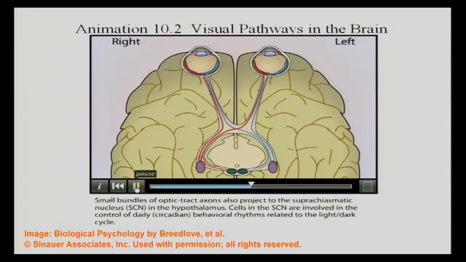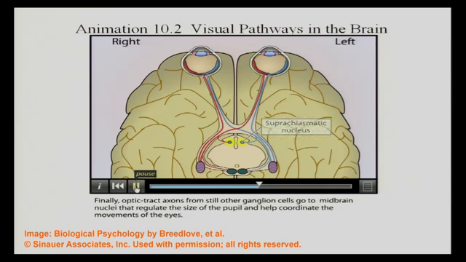Small bundles of optic tract axons also project to the suprachiasmatic nucleus in the hypothalamus. Cells in the suprachiasmatic nucleus are involved in the control of daily or circadian behavioral rhythms related to the light-dark cycle. Finally, optic tract axons from still other ganglion cells go to midbrain nuclei that regulate the size of the pupil and help coordinate the movements of the eyes.